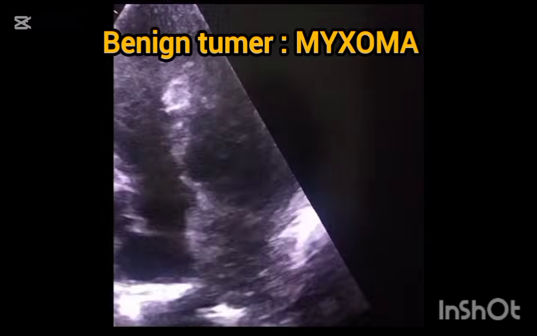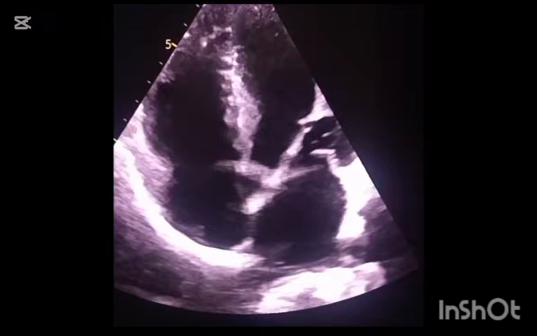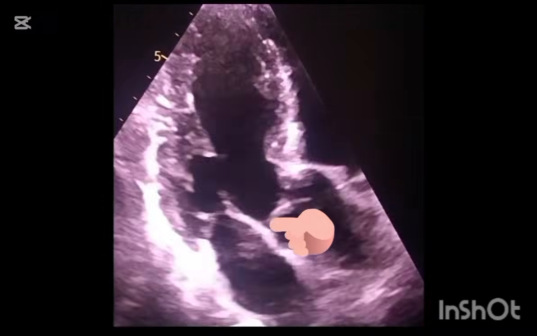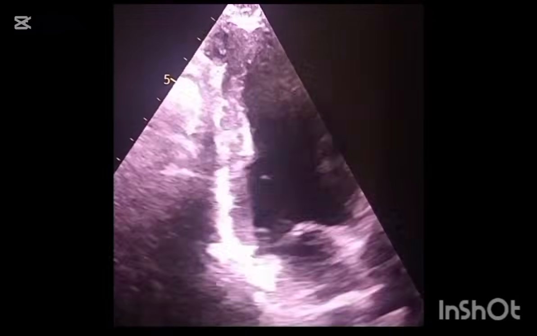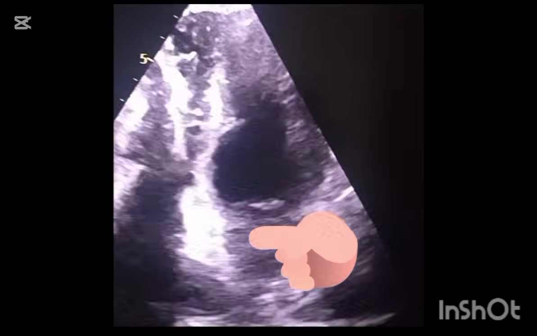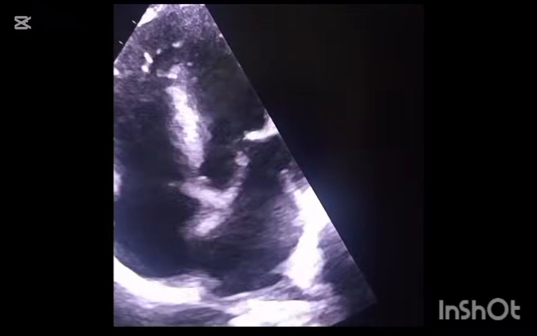In this clip, you will see the mass attached to the left atrial septum, highly mobile, with a thin stalk attached to the atrial septum. This is a myxoma. This is a small one. I will show you large myxomas also.